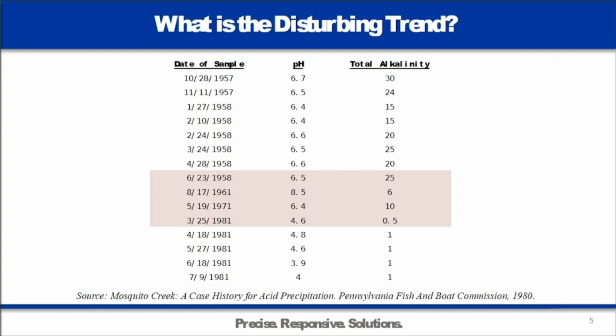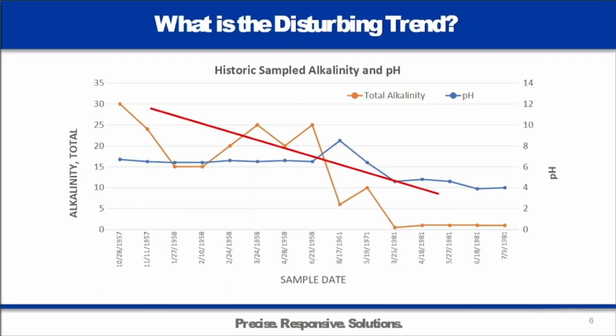When you get down to 1980, we're getting 4.6, 4.8, and 3.9 in 1981, and a total alkalinity of 0.5 and 0. Those alkalinities were likely 0 even yet, if not for the acidity, so it would be considered a net acidic stream. So the area was considered chronically acidified.